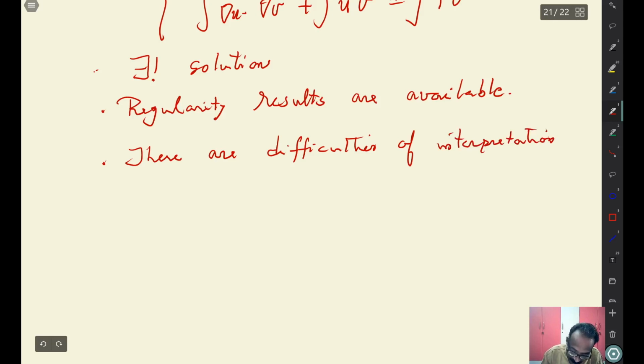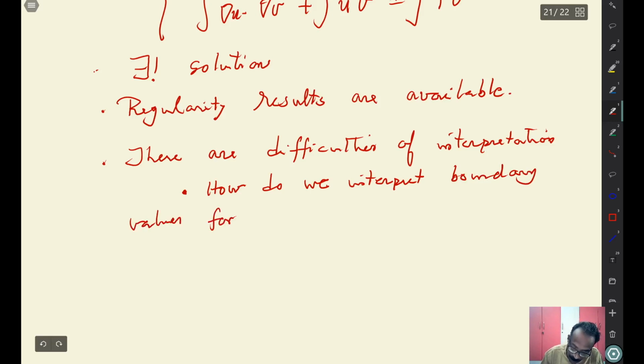One of them: how do we interpret boundary values? This is important in a boundary value problem. Though we have written boundary values for v in H1 naught of omega, there is an issue. How do we interpret it?